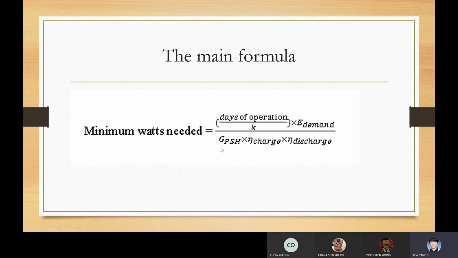It includes the days of operation, as you can see, and the demand I need for the loads. GPSH means the daily sun hours, and these are the charge and discharge efficiencies. So it actually includes everything I need. That's all. Now I'll pass it to Hao Dion.